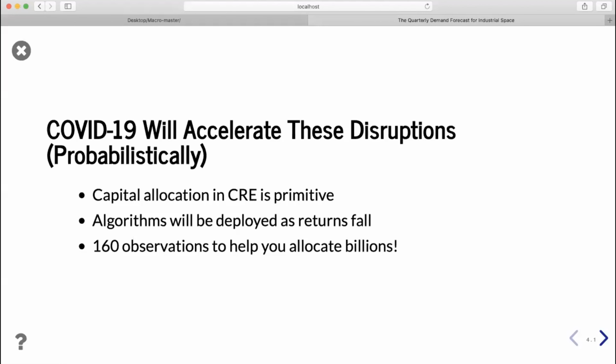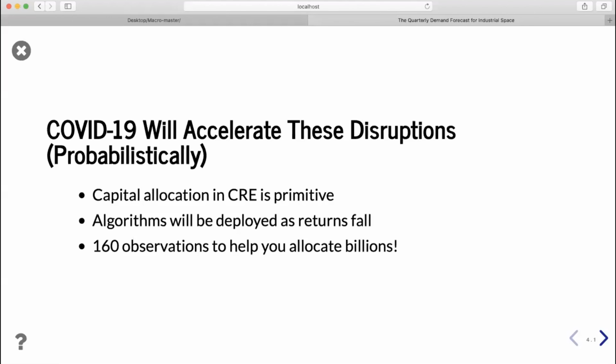Because we have to recognize capital allocation in commercial real estate is primitive. It is like trading bonds before the Black-Scholes-Merton model existed. And essentially, algorithms will begin to be deployed as returns in commercial real estate fall. Setting aside COVID, commercial real estate returns will fall for a very simple reason.